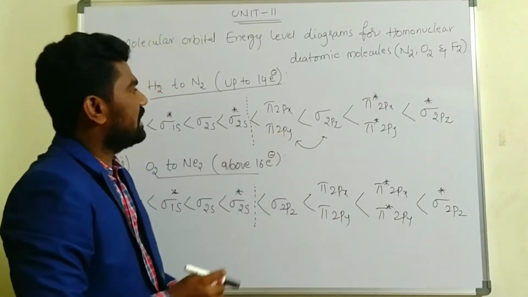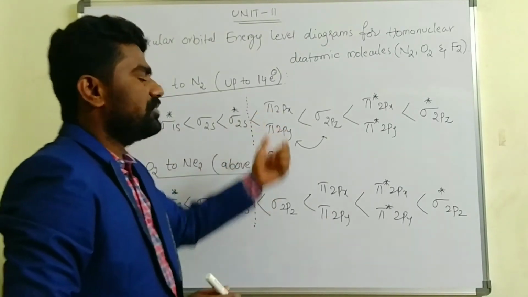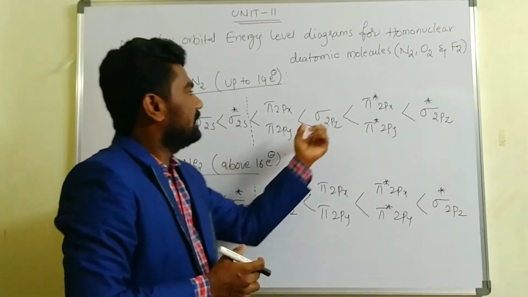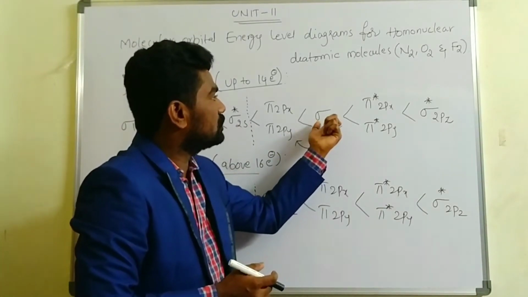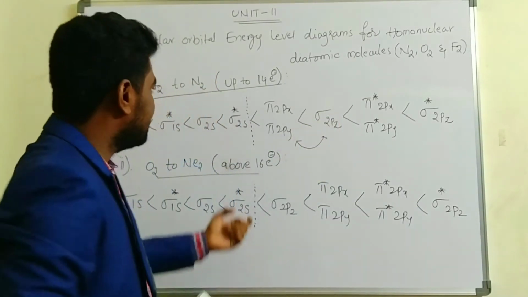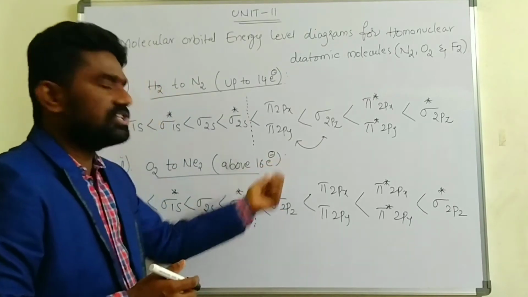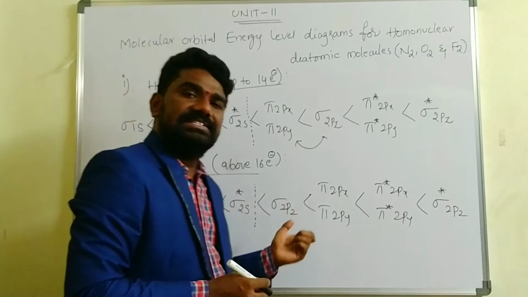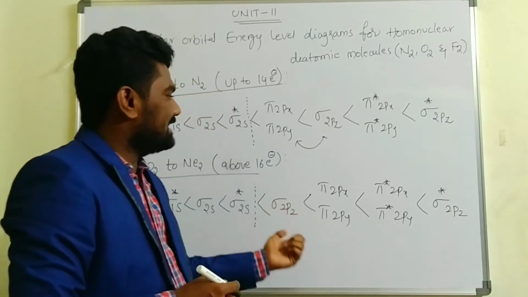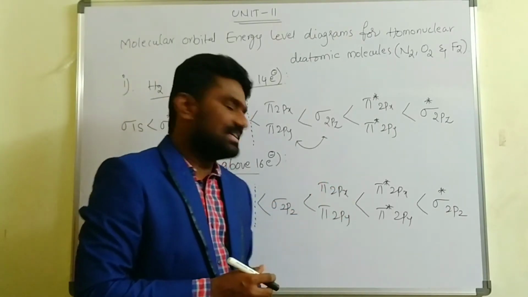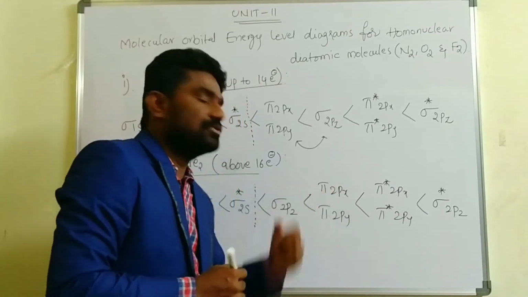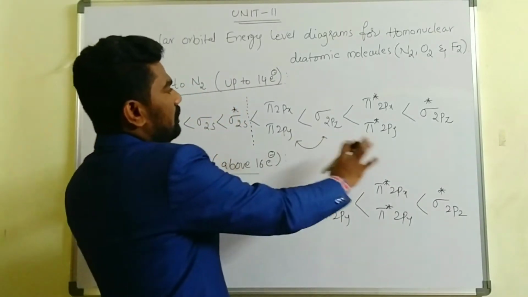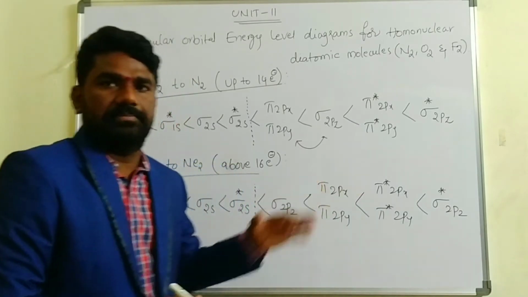In the first case, the pi 2px, pi 2py orbitals have lower energy compared to sigma 2pz. But in the above 16 electron category, sigma 2pz has lower energy compared to the pi 2px, pi 2py orbitals. The remaining will be the same, isn't it?